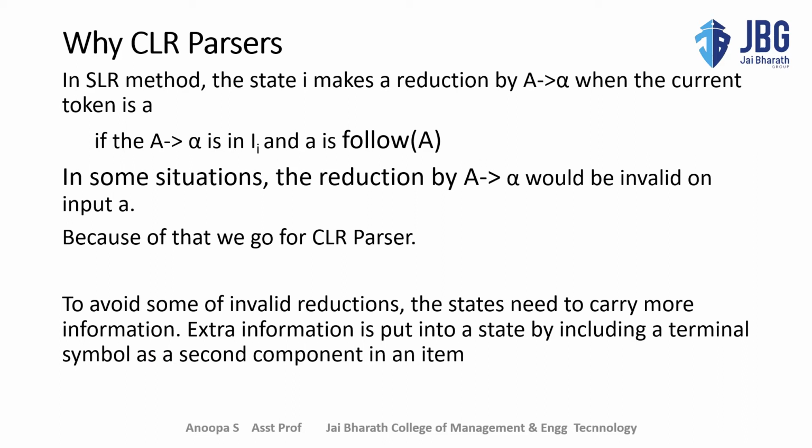In LR, you know how we build an item: we put a dot symbol somewhere in the RHS of the production. In addition to that, we will have a terminal symbol also. That is the additional information we provide in CLR parsers.